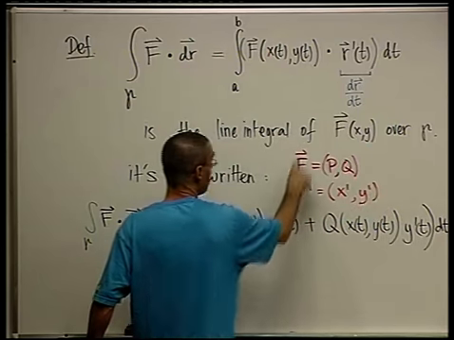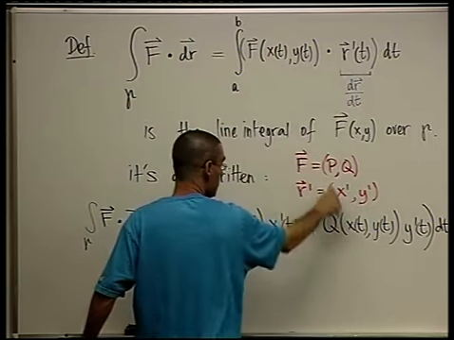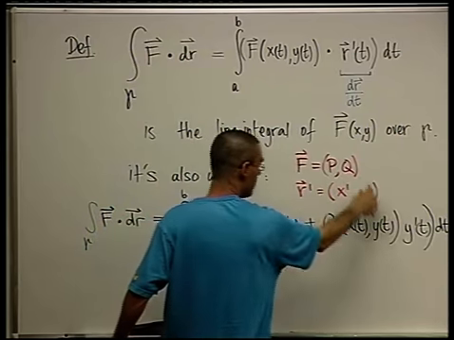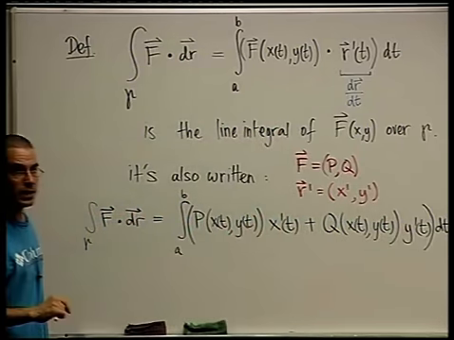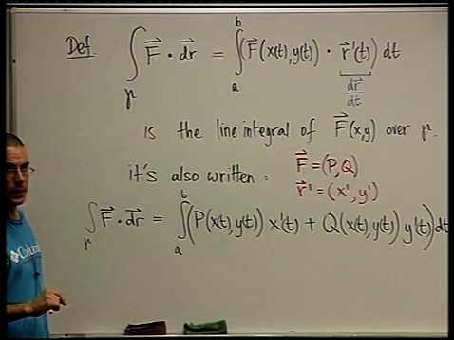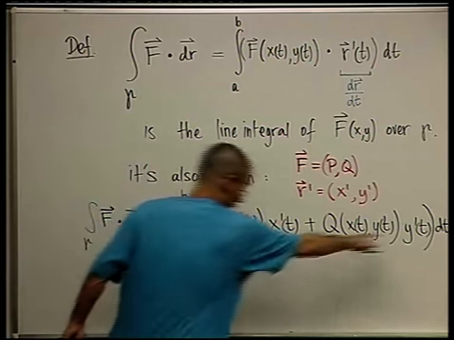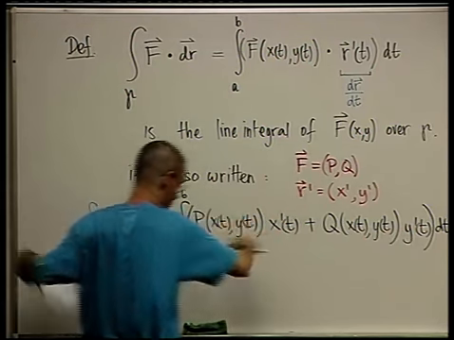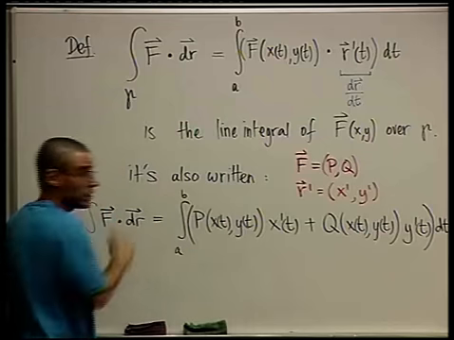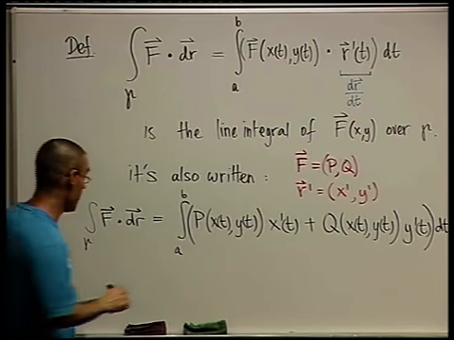So F dot R prime is p times x prime plus q times y prime. Do you see that, everybody? Clear? So this is as explicit as it can get. This is what we actually calculate in an example that we're going to do in a second.